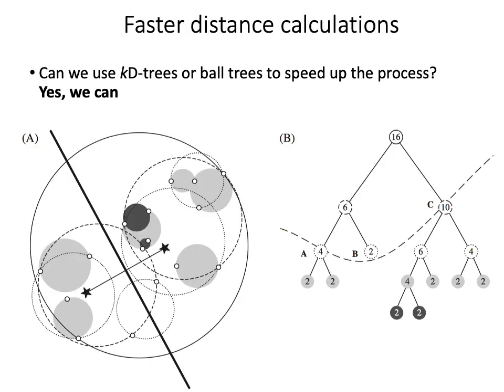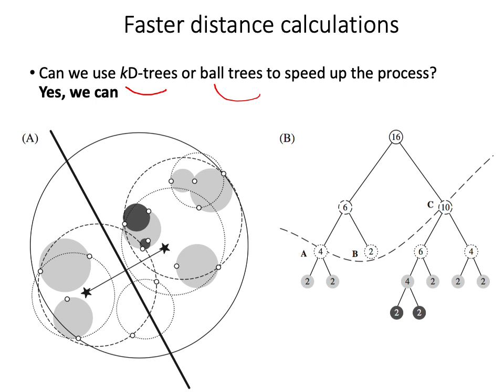So you may say that the fact that we have to calculate the distance from each instance to the cluster centers may make the k-means algorithm really slow. Well, there are some data structures that can really speed up that process. Examples, KD trees and ball trees.